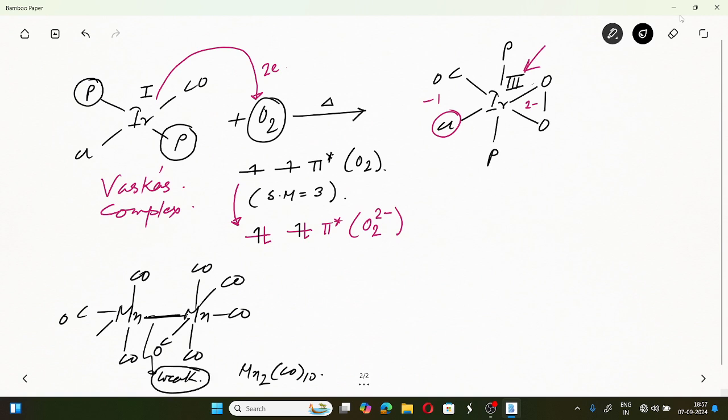We have explained this in terms of the Jahn-Teller effect. This bond is weaker. Now what happens when this is treated with molecular hydrogen?